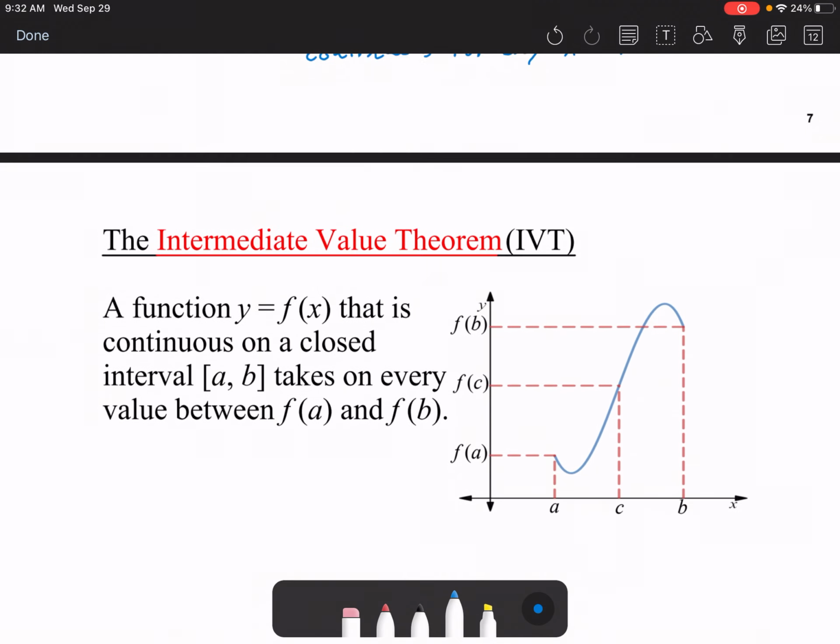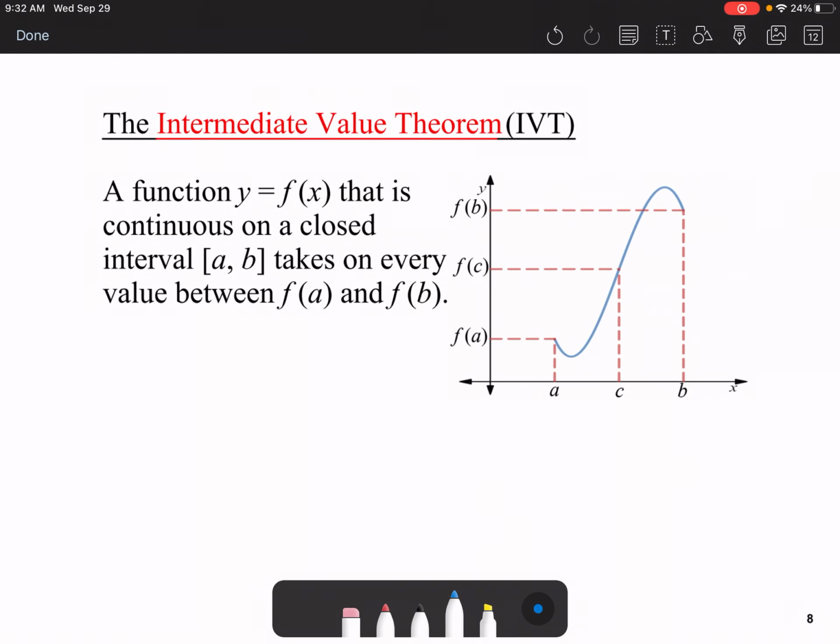Another theorem is called the intermediate value theorem. What it does state is if you have a function, y equals f of x, that is continuous on a closed interval from a to b, so in other words that has no holes or breaks or spots, then the function f takes on every value between f at a and f at b.